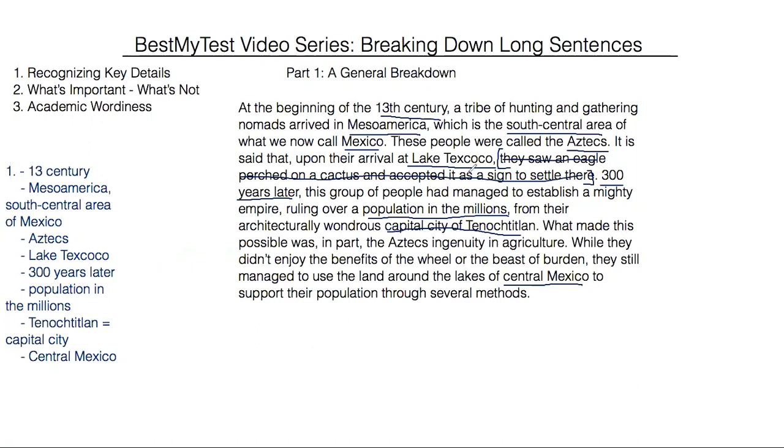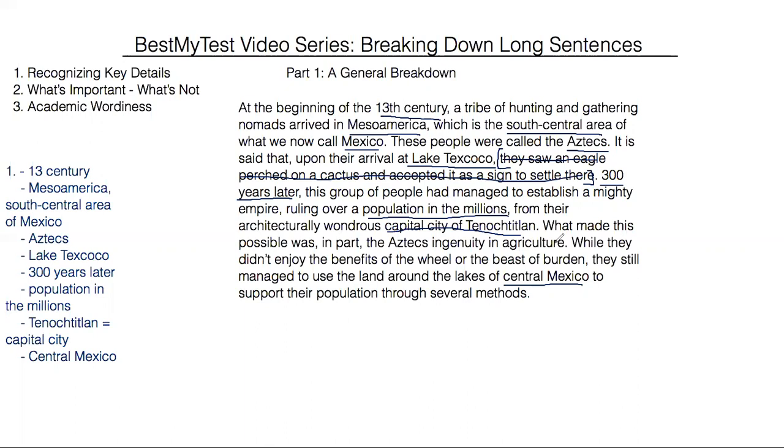It is said that upon their arrival at Lake Texcoco, so the only information we need here is the name of this lake. So for what's important, what's not, what that really means is make sure you take a look at your questions because it'll help you break down these long sentences. If I don't need this information, then I can kind of pull it out and focus just on what I do need, and that makes a long sentence much shorter and easier to tackle.